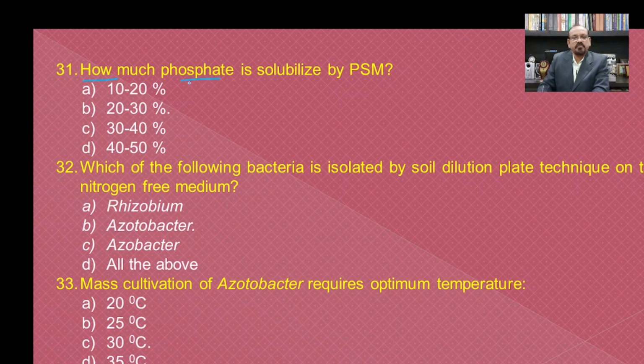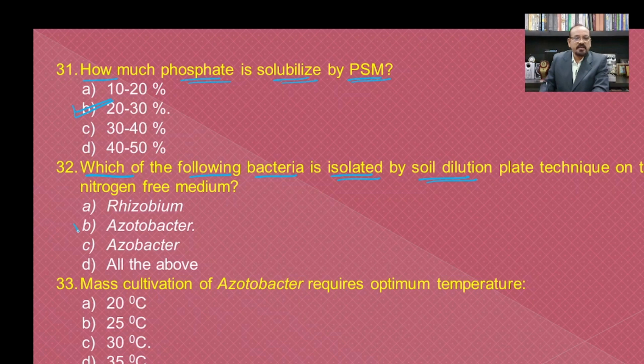How much phosphate is solubilized by phosphate solubilizing microorganisms? So 20 to 30% of the phosphate is solubilized by the different phosphate solubilizing microorganisms. Then which of the following bacteria is isolated by soil dilution plate technique on the nitrogen free medium?